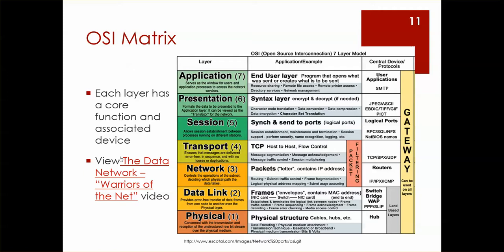There's a very useful, almost iconic video that shows the interaction between the OSI layers and different devices and how the internet actually works. This video is available by going to YouTube and searching for Warriors of the Net. Mousing over, you can see the URL if you're interested.